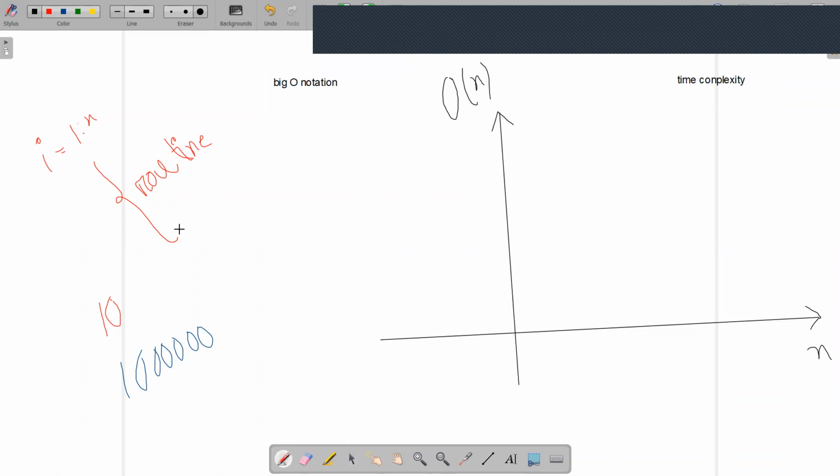When you have one loop like this, you have linear complexity. As n increases, the time complexity increases linearly. For 100, it takes big O of 100; for 1 million, big O of 1 million. As the size of your array increases, the time complexity increases.